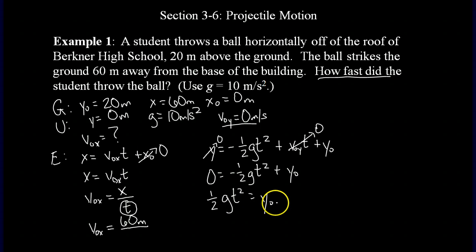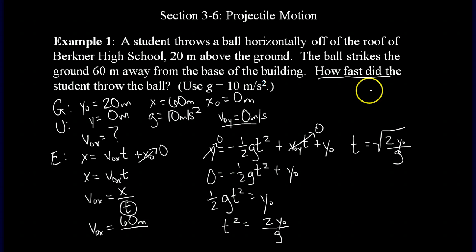So move 2 back over to the other side. So we can have t squared is equal to 2 times this over the acceleration. And you've seen that before. And that just comes from t equals the square root of 2x over a. Yep. But now, instead of using the x, we're using the y, indicating that's a vertical position here.